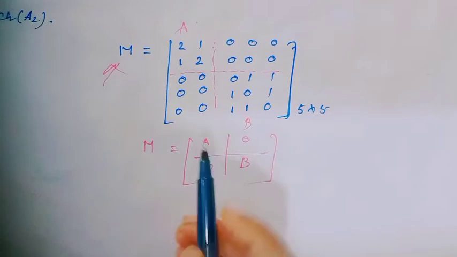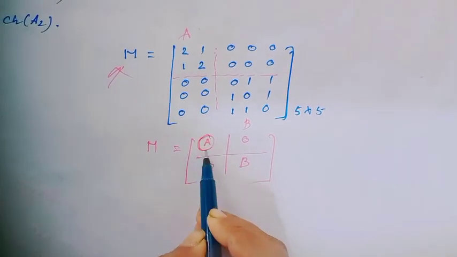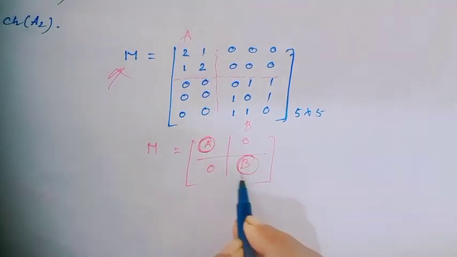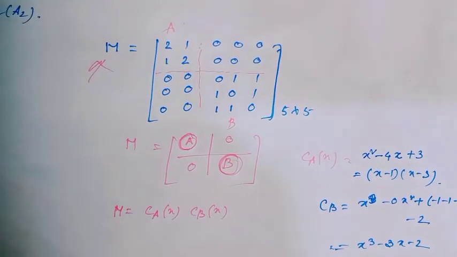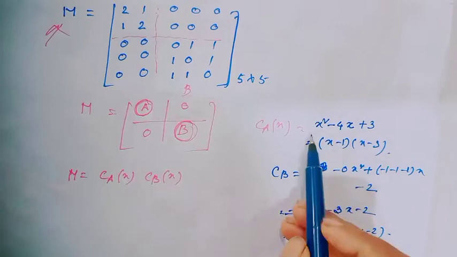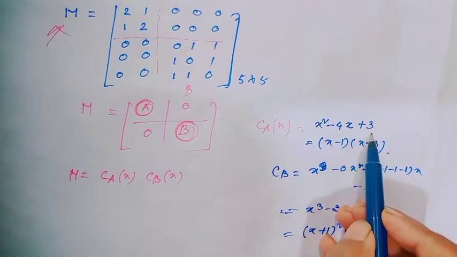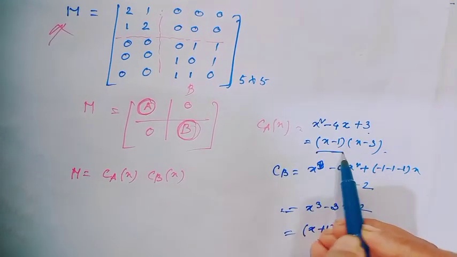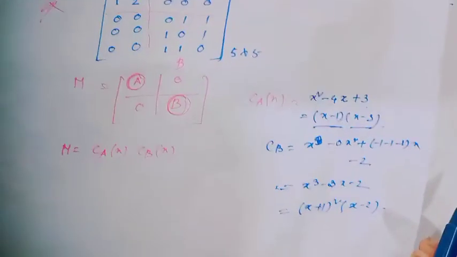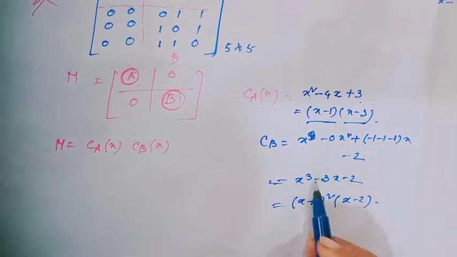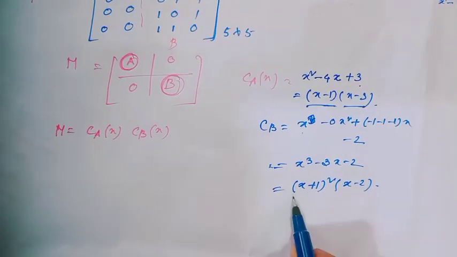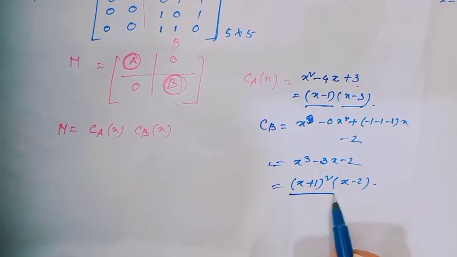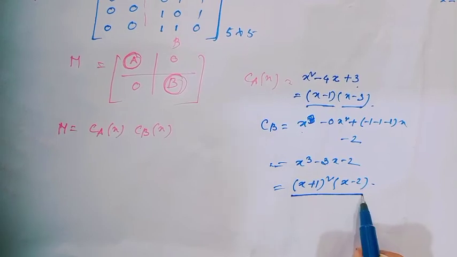This is actually the characteristic polynomial of A and the characteristic polynomial of B. Characteristic polynomial of A, just calculate, would be x squared minus 4x plus 3, which is equal to (x minus 1) times (x minus 3). And the characteristic polynomial of B would be x cubed minus 3x minus 2, which is equal to (x plus 1) whole squared times (x minus 2).